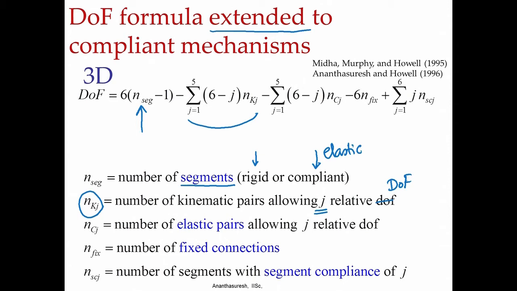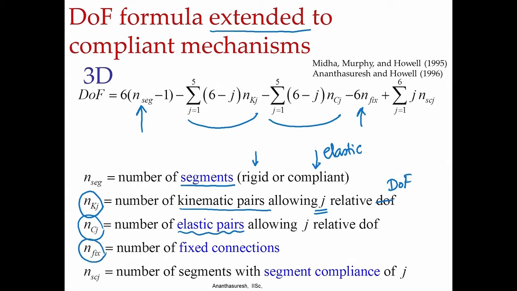So, that part is familiar, but then we also have this one where we are subtracting not only the kinematic pairs, whatever degrees that they remove, but also we consider the elastic pairs, our NCJ. NCJ indicates the number of elastic pairs that allow j relative degrees of freedom. It is just like kinematic pairs, now we have elastic pairs. So, that part is also clear, but we have this new thing called n fix. What is that?